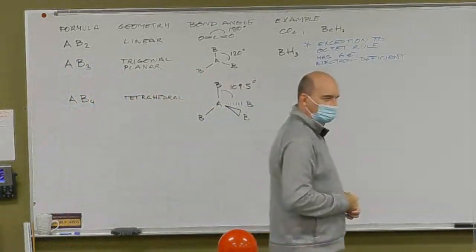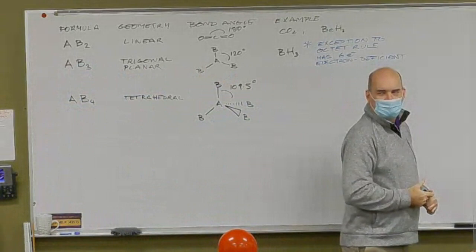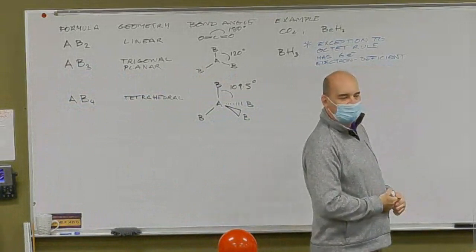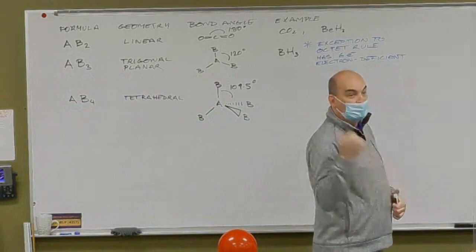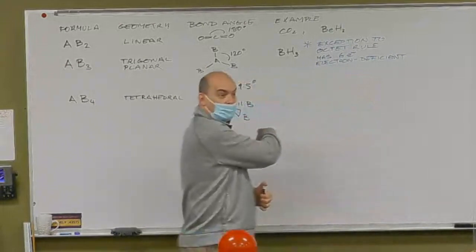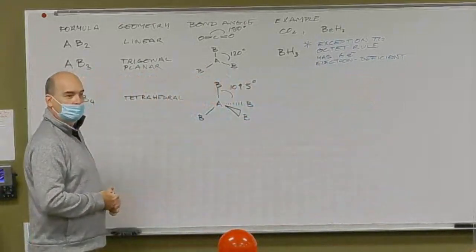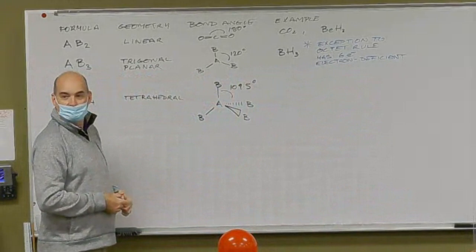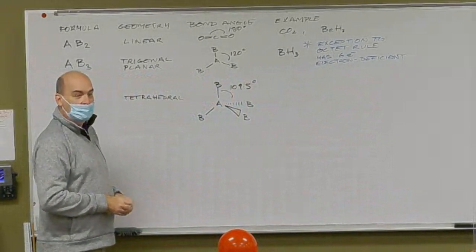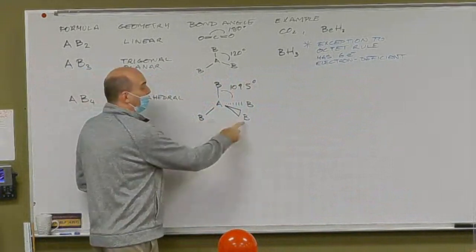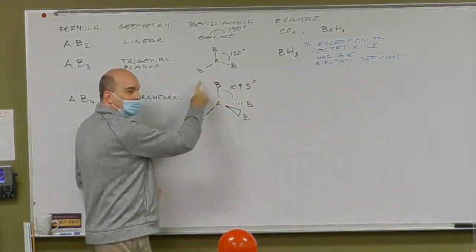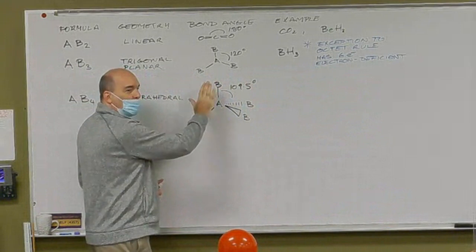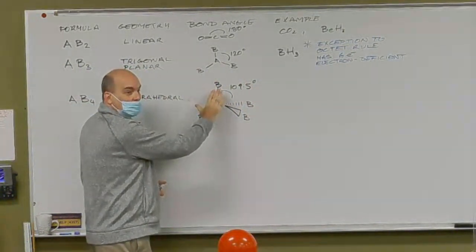What does tetra mean? 4. What does hedron mean? What does this have 4 of? It has 4 bonds, 4 points, 4 vertices, 4 apexes, but it also has 4 faces.